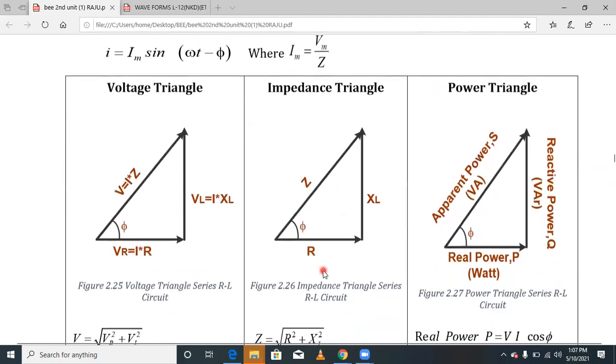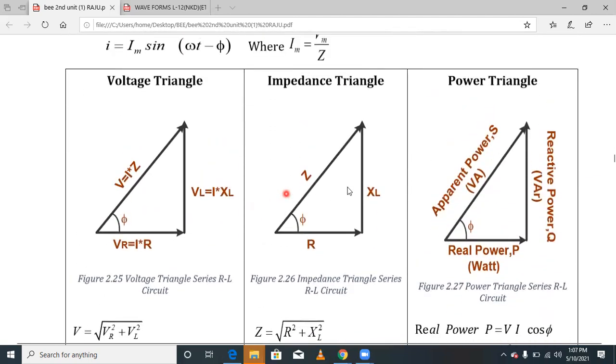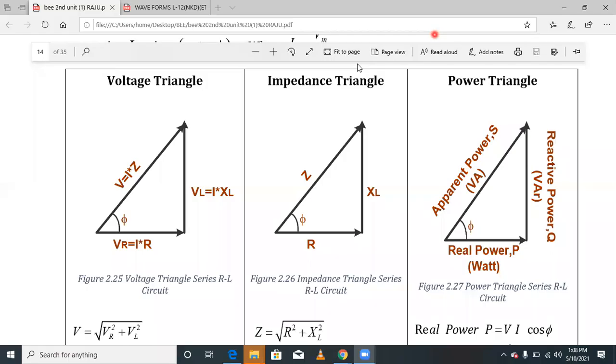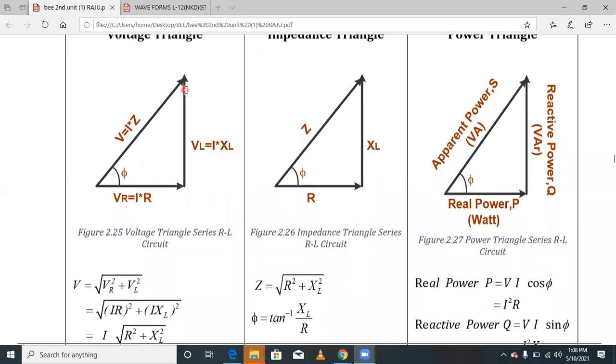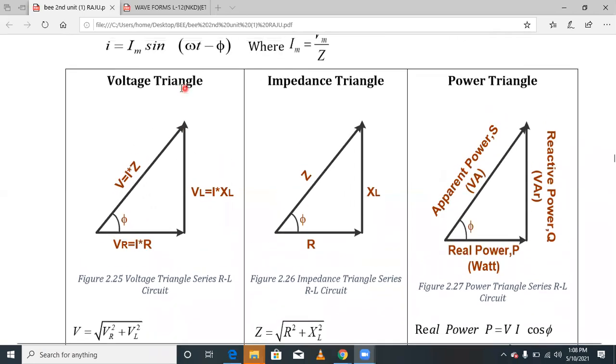Next, coming to the voltage triangle, impedance triangle, and power triangle. So this is the concept. What is meant by the voltage triangle? What is meant by the impedance triangle?